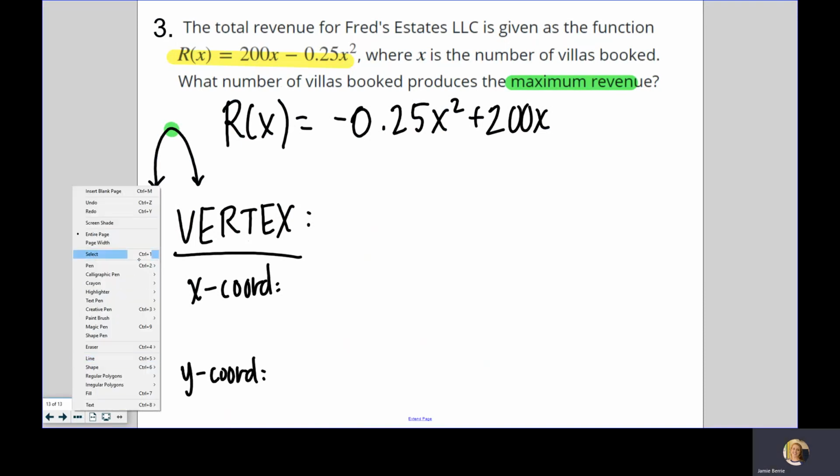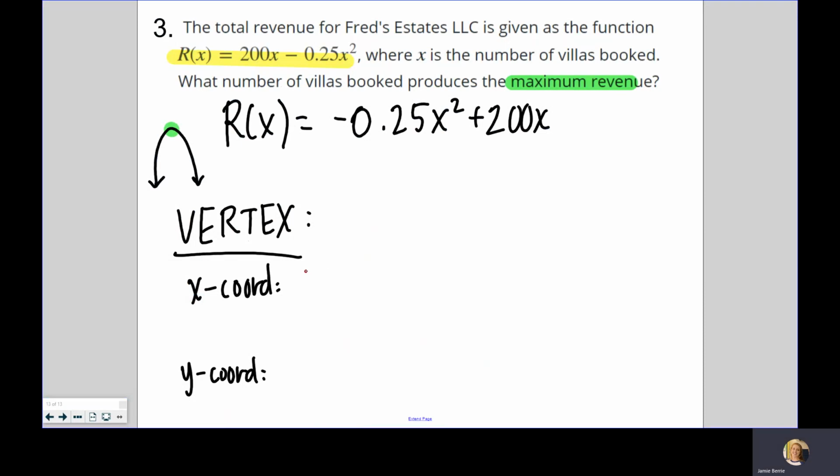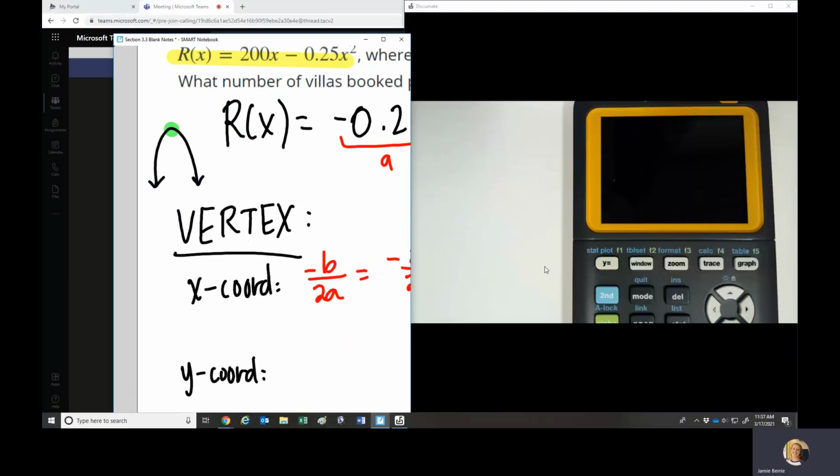All right, so we know that the x coordinate is defined as negative b over 2a. So here, negative 0.25, that's a. B is 200. So it's going to be negative 200, because it's negative b, over 2 times negative 0.25. Let me show you how I'm going to plug that into my calculator.